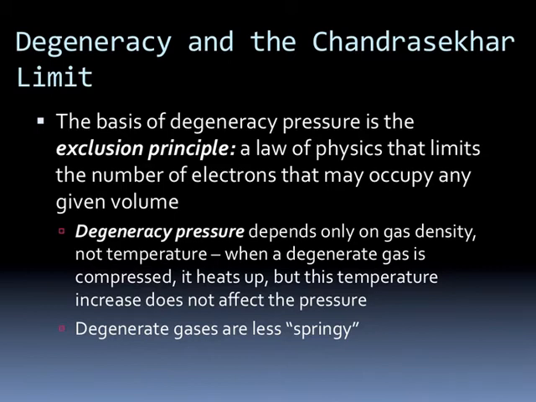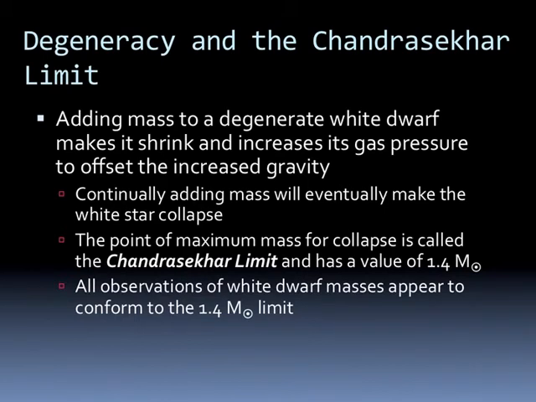Degeneracy pressure depends only on gas density, not temperature. When a degenerate gas is compressed, it heats up, but this temperature increase does not affect pressure. In other words, degenerate gases are less springy. Adding mass to a degenerate white dwarf makes it shrink and increases the gas pressure to offset the increased gravity.